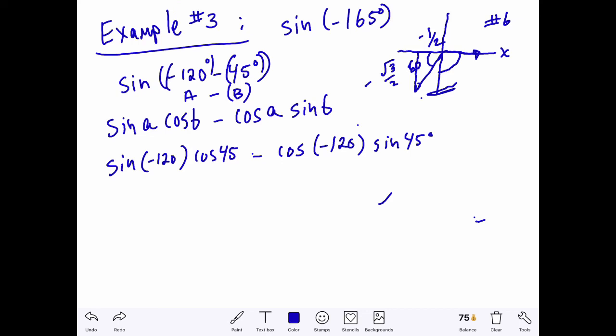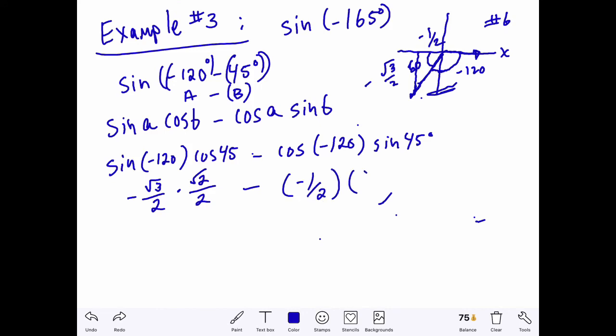Okay, so a sine of negative 120 degrees here, this is our negative 120, is really this right here, which is a 60 in the third quadrant. So sine corresponds to y, so that's negative root 3 over 2. And cosine of 45, that's an easy one. That's root 2 over 2 in the first quadrant. Remember, cosine and sine are the same there for a 45. Minus cosine of negative 120, which is essentially the cosine of the 60 here, which is negative 1/2.